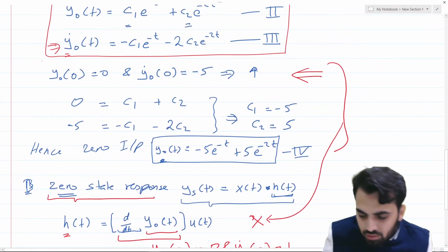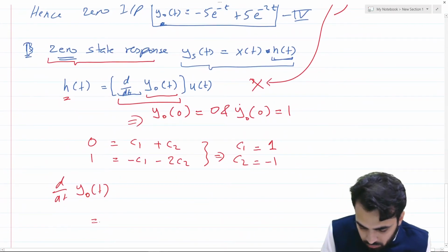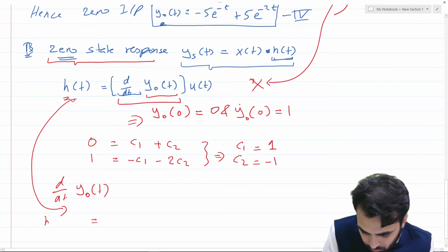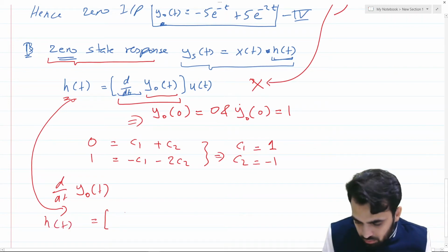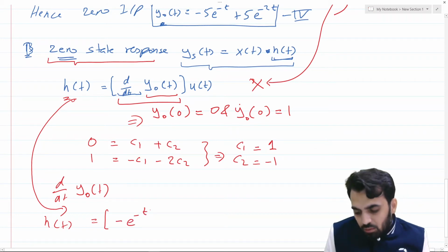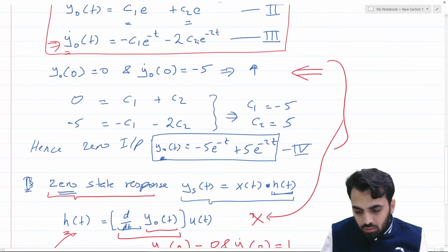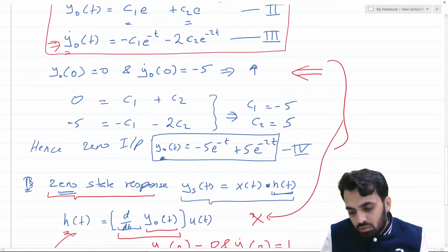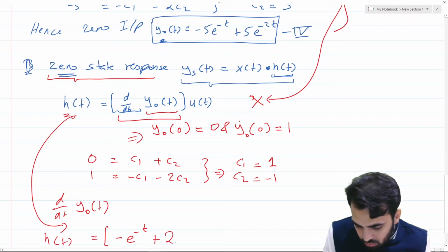So if we plug in the values of c1 and c2, we would have minus c1 e minus t. So c1 is 1, so we have minus e minus t, and then we have minus 2c2, but c2 is again minus 1, so it will become plus 2e minus 2t. So we have plus 2e minus 2t u of t.